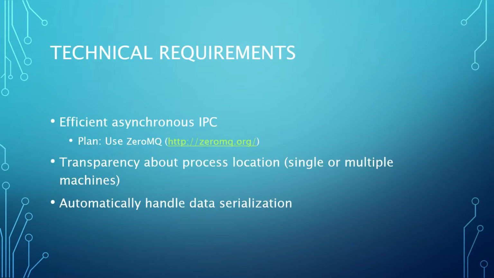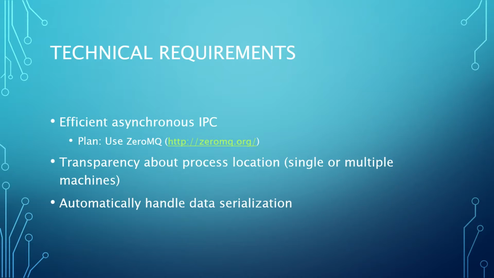Next, we have a few lower-level technical requirements. We must have an efficient method of asynchronous IPC. We have currently decided to use a system called 0MQ to handle it.